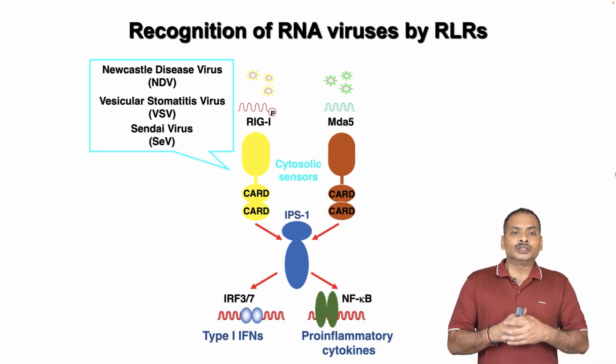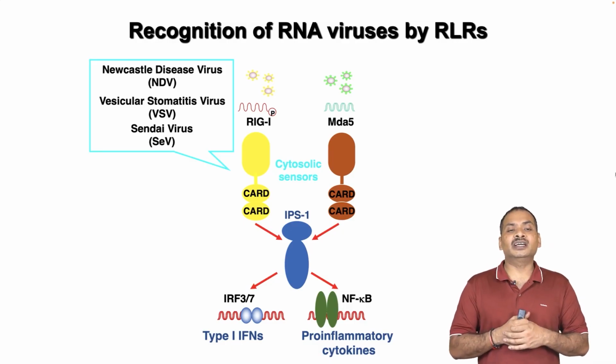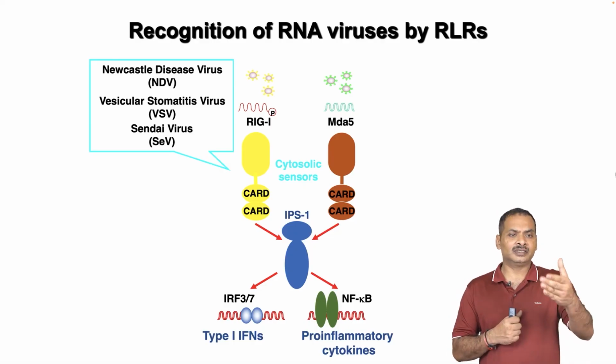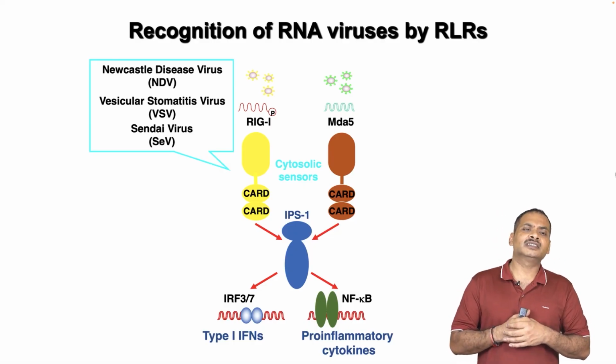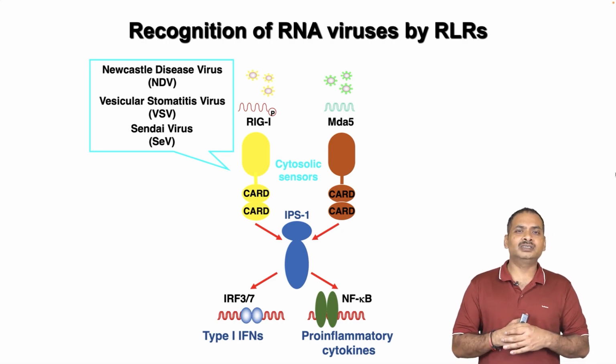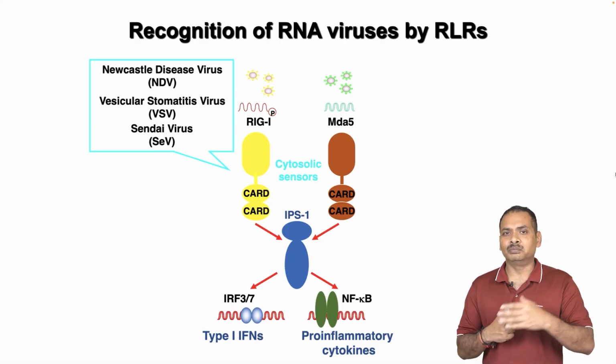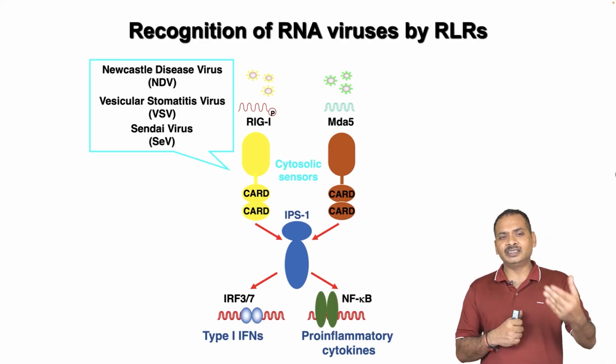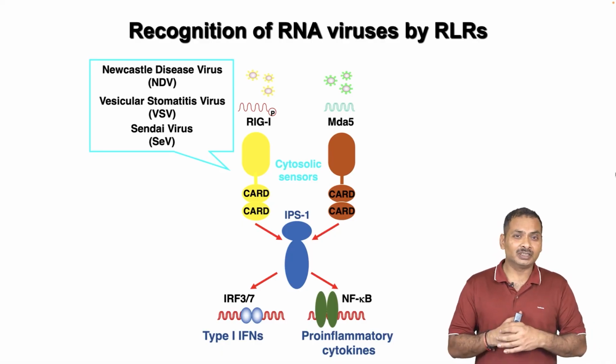RIG-I basically recognizes, if you see in this slide, Newcastle disease virus. Newcastle disease virus is not pathogenic to humans, it infects birds. And this virus we can easily use in the lab as it does not affect humans.